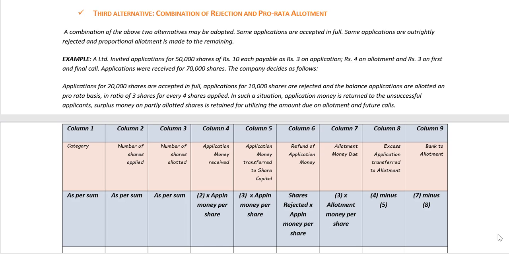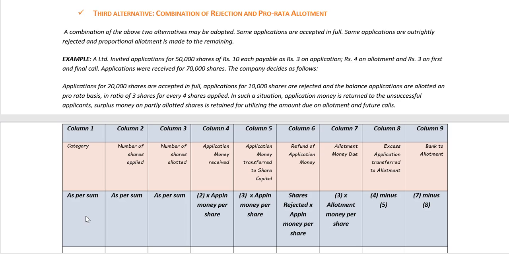Now if we see this table over here, it has 9 columns. We will go through each column one by one. The column 1, or the first column, is for category. Now this will be as per specified in the sum.